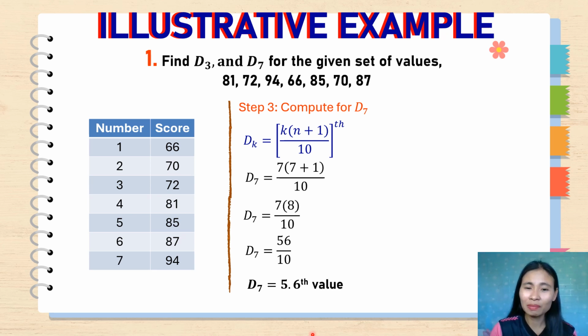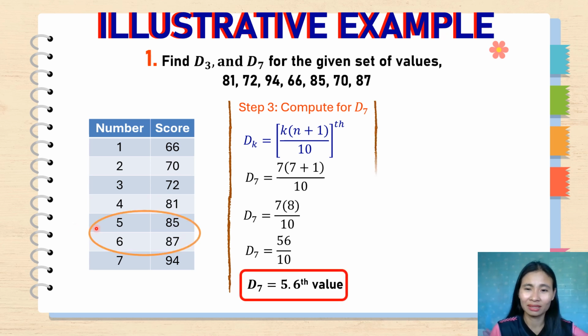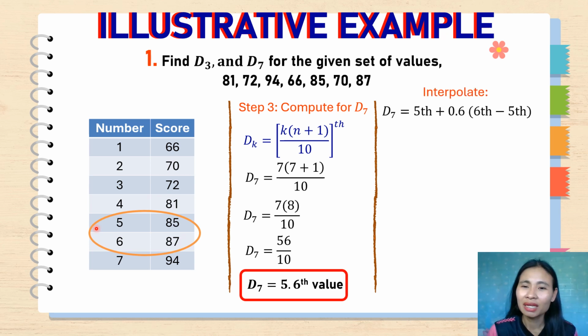So, we are now going to locate again in the table where it is in between. Since that is 5.6, it is in between what? 5 and 6. So, D sub 7 is equal to the fifth value plus 0.6, because the decimal value here is 0.6, times the quantity of the sixth value minus the fifth value.